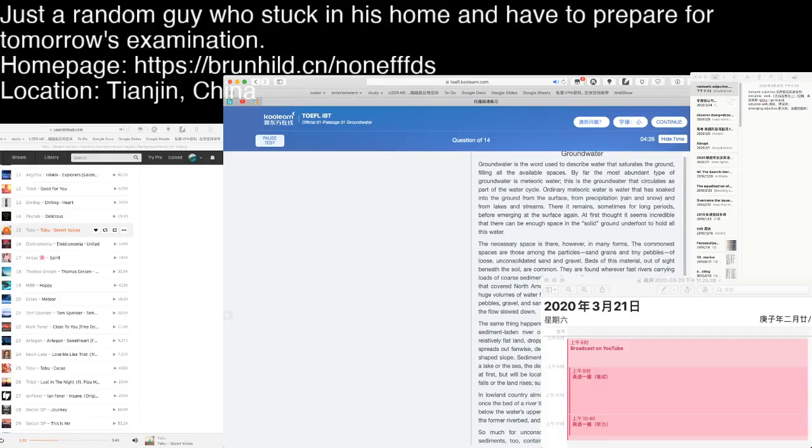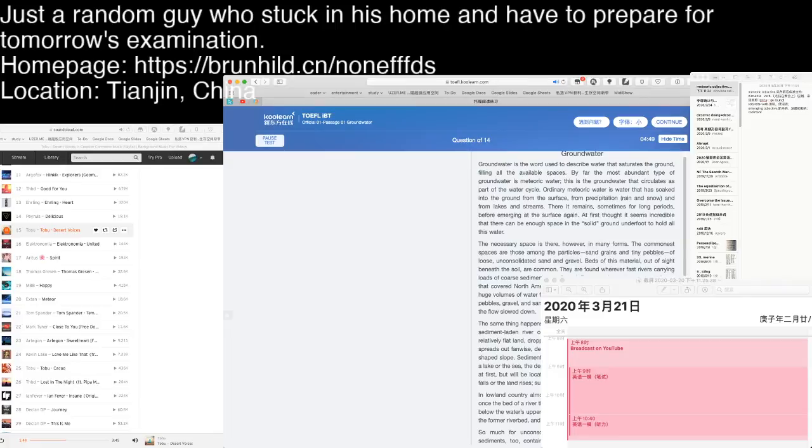They are found whenever a fast river carrying a load of coarse sediment. I probably know what sediment means, but I still need to check. Yes, it's the same meaning that I was thinking of.